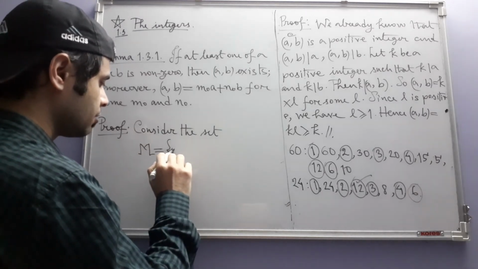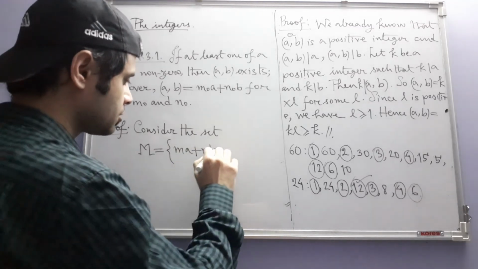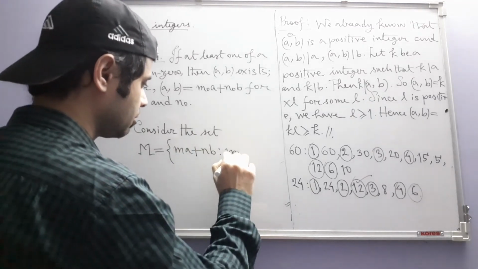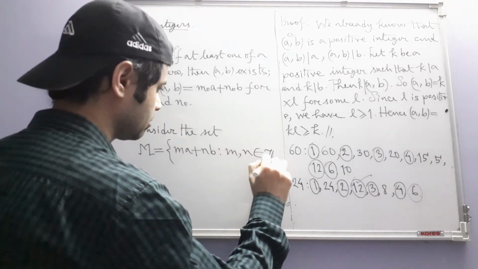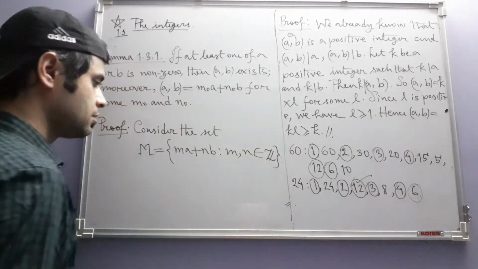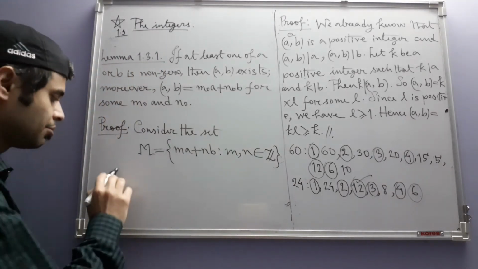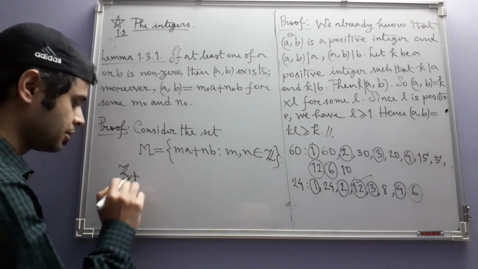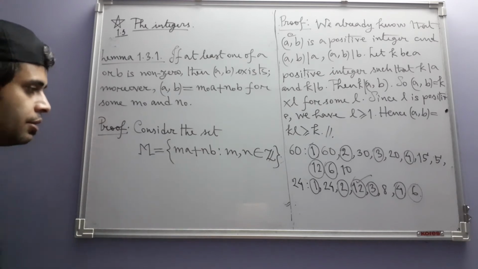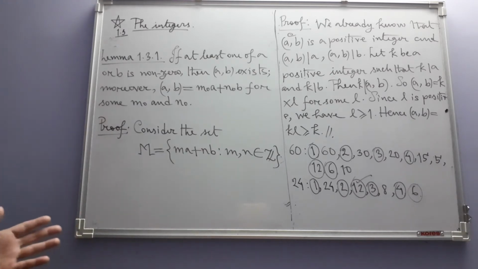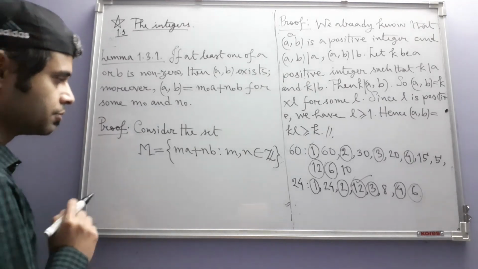It is the set of all expressions which look like this, where M and N are integers. By this form of set, we mean the set of integers, just like by Z plus, we meant the set of all positive integers. So this is a set we have considered. Somehow it's going to help us prove the result.